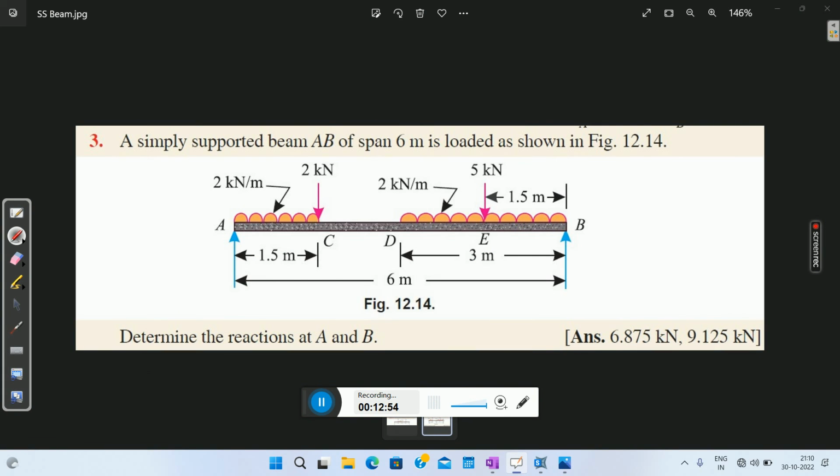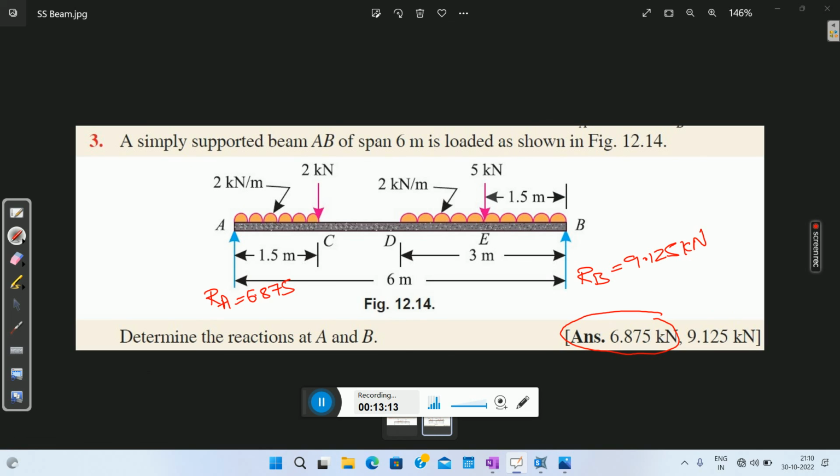This is 6.875, which means this reaction is RA, and this reaction will be RB, 9.125.